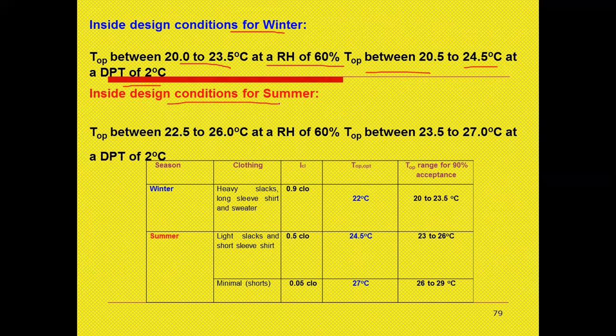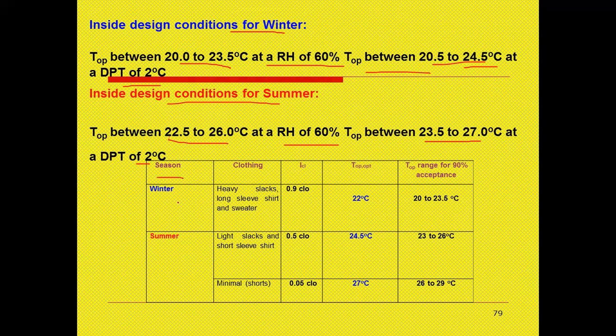The inside design conditions for summer are T operative between 22.5 to 26 at RH of 60%, and T operative between 23.5 to 27 degrees centigrade at DPT of 2 degrees centigrade, as written on the graph.